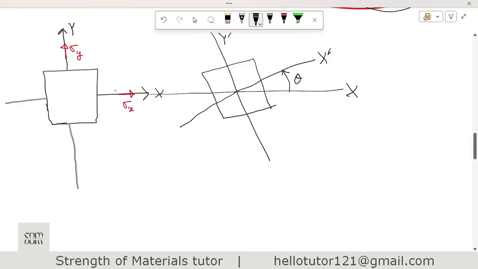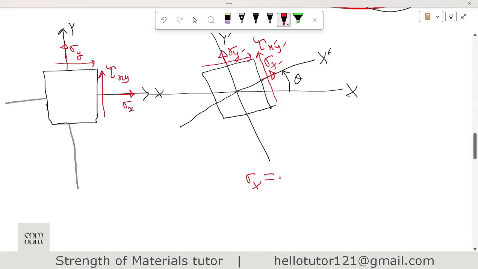Here we had sigma x, but instead we now have sigma x prime, and here sigma y prime. Similarly, where we had tau xy, here it is going to be tau x prime y prime.